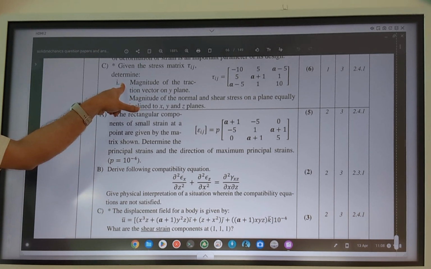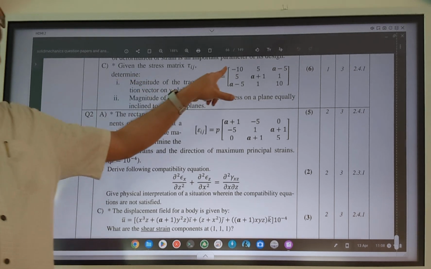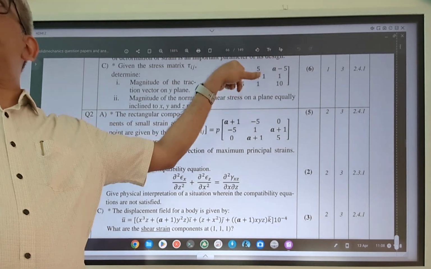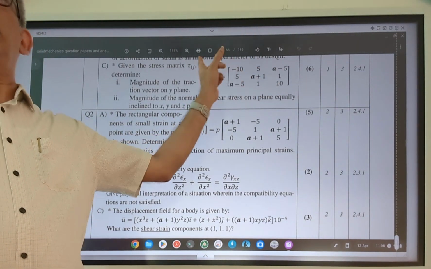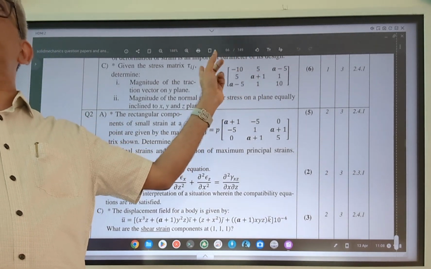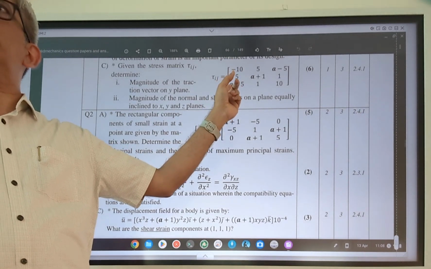We have to find T and Y using Cauchy's equation. For that you require the direction cosines of the vector on the y plane. That is one approach you can take. There is another, simpler approach. Just by looking at this matrix, we said that each row represents something. So what does each row represent in this matrix?